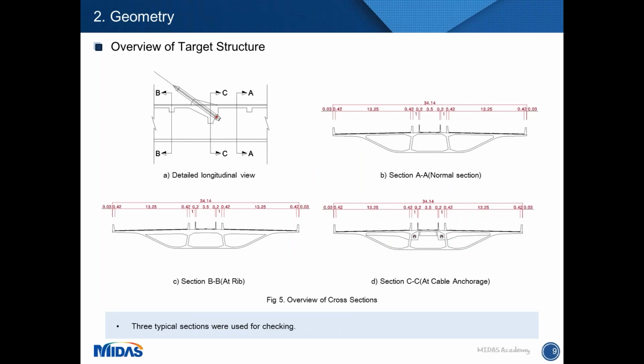These are detailed sections of the girder structure. The girder types are three. First one, section A, is the normal section. It is a 3-cell box girder. Second one, section B, is the normal section with leaves in each cell. As shown in figure C, it can be considered that the upper slab is thicker than the normal section.